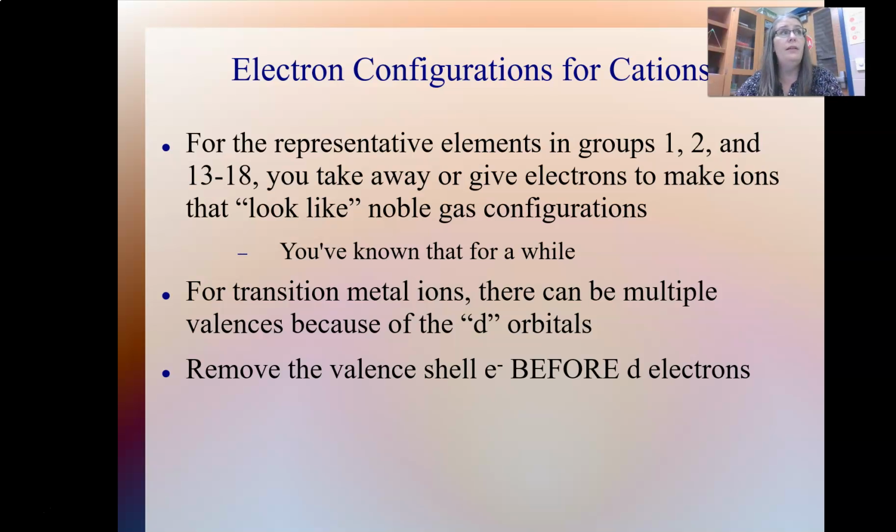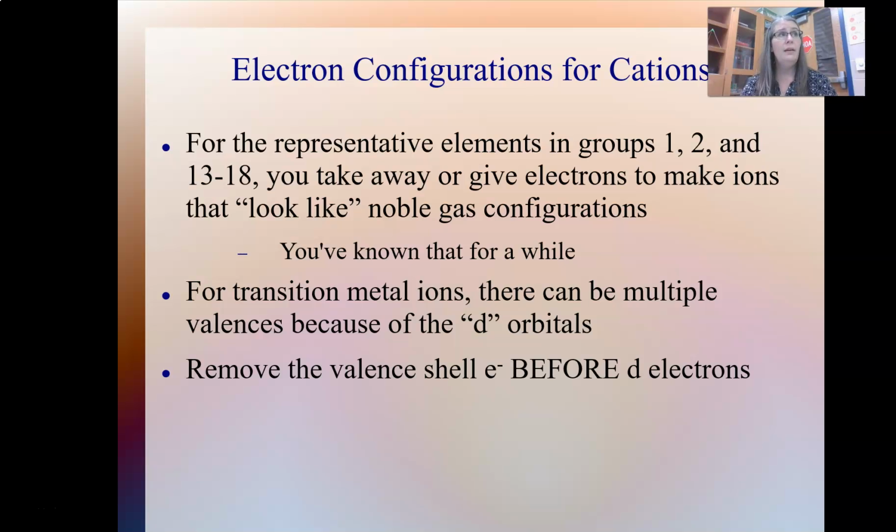So for example, if I look at titanium or vanadium, the ones that we just wrote an electron configuration for, remember the valence shell is the farthest out shell. 4 is farther out than 3. So the 4 shell is my valence shell, and I'll remove 4s electrons before I start removing any 3d electrons. And that will hold for all of the transition metals.